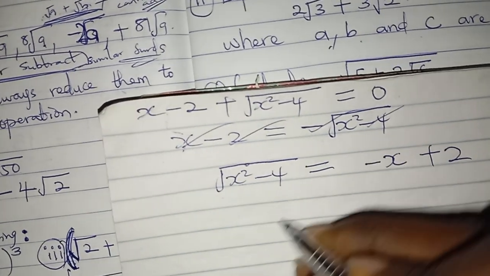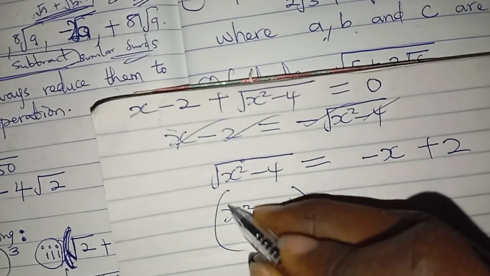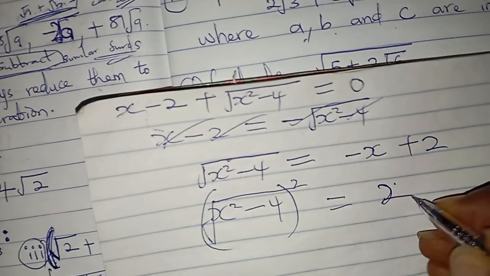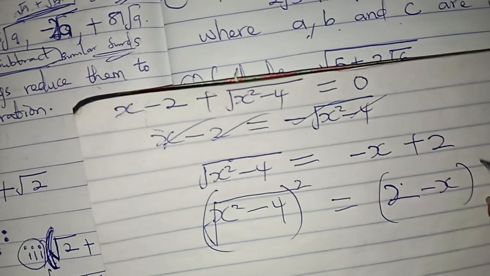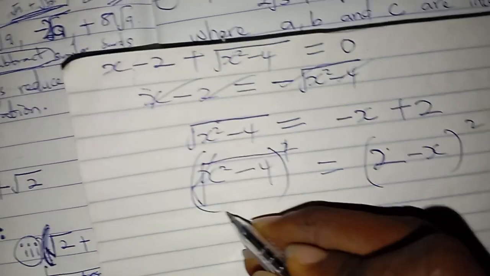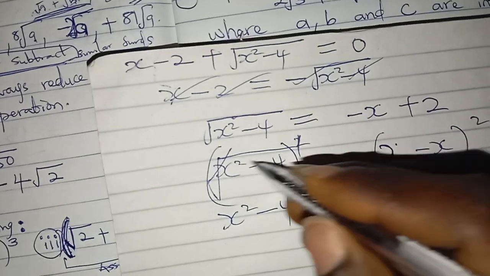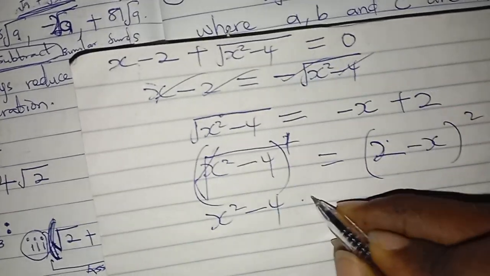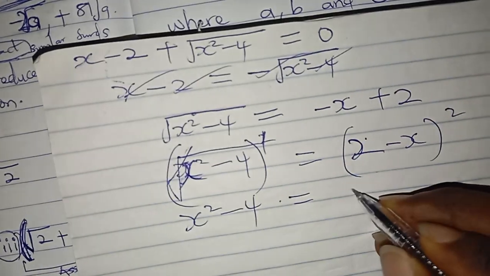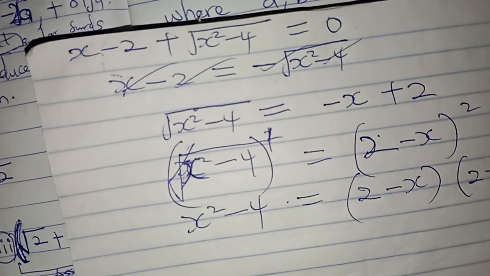So I can now say take the square of both sides. This is the same thing as saying 2 minus x. So this becomes x squared minus 4, because the square will cancel the square root, equals 2 minus x, 2 minus x.